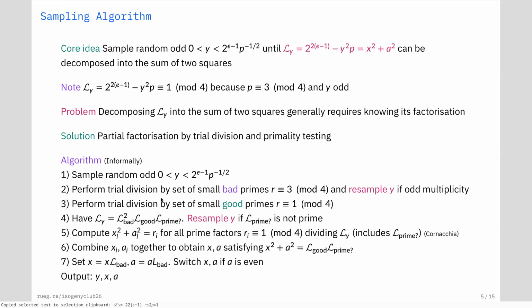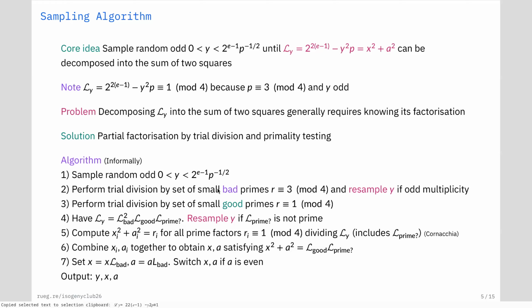Informally, we sample some odd y and perform some trial divisions by a small set of bad primes, which are the ones that are 3 mod 4. And if we see that a bad prime divides our Ly with odd multiplicity, we immediately reject and sample a new y.